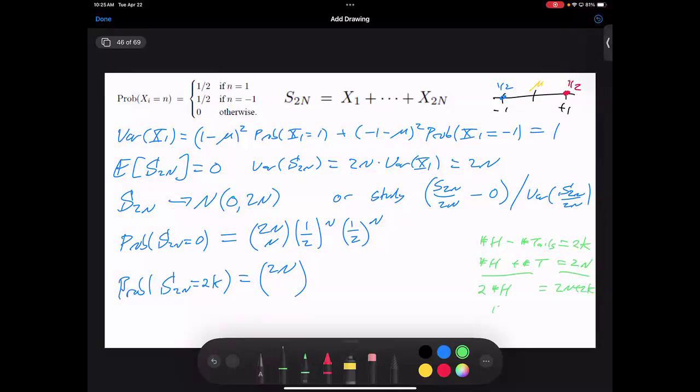So the number of heads is n plus k, and the number of tails will be n minus k. And if you look at it, that makes sense. If I now subtract the number of tails from the number of heads like this, I'll get 2k. So if I want to have 2k as my net number of heads, it's going to be 2n choose n plus k, and then 1 over 2 to the 2n.